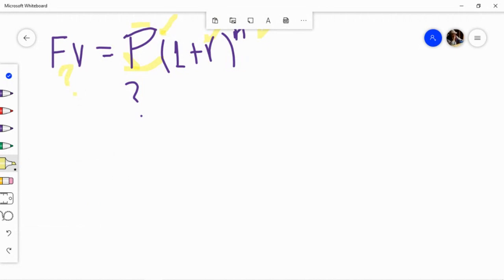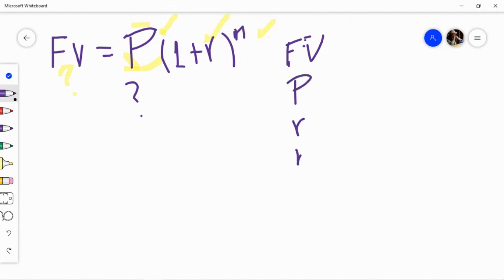So we have 4 variables: FV, P, R, and N. Each one of these could be the unknown.